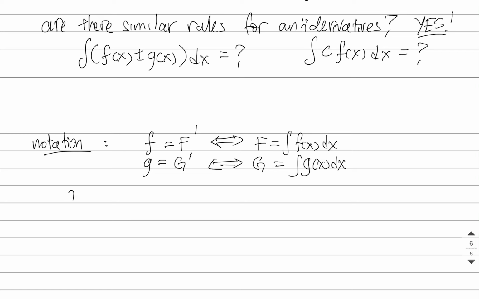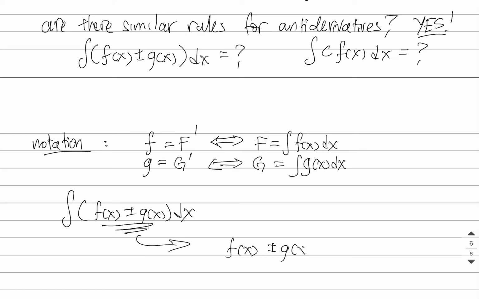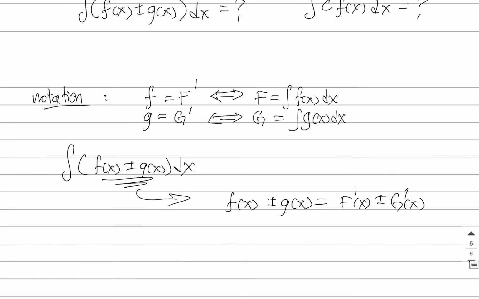So if we were to take this expression here, let's take a look at that. F of x plus or minus g of x, according to the notation that we've got here, this would just be f prime of x, the derivative of the antiderivative, plus or minus g prime of the antiderivative. Now, these are derivatives. So that means I get to use the linearity rules.